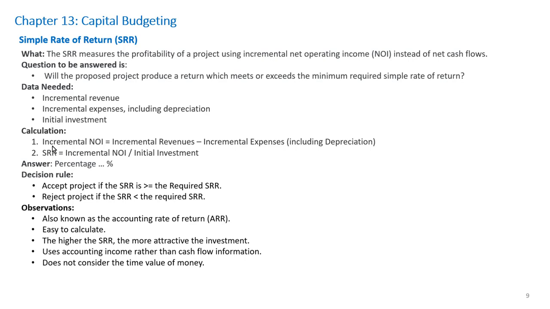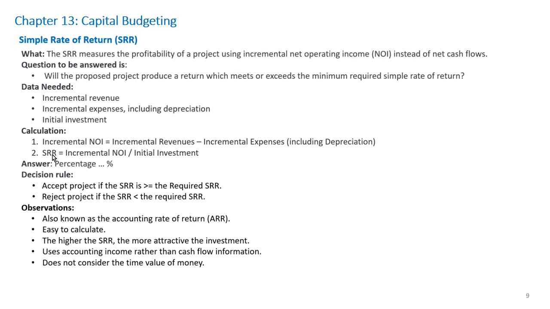The formula for the SRR takes the incremental revenues minus the incremental expenses, including depreciation expense, and divides the total by the required investment. So we are taking the annual incremental net operating income and dividing it by the required investment.